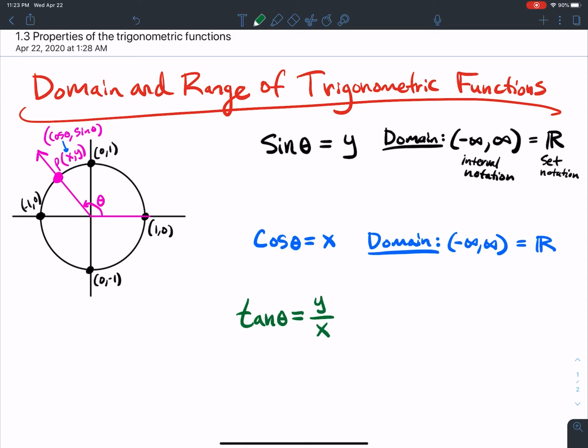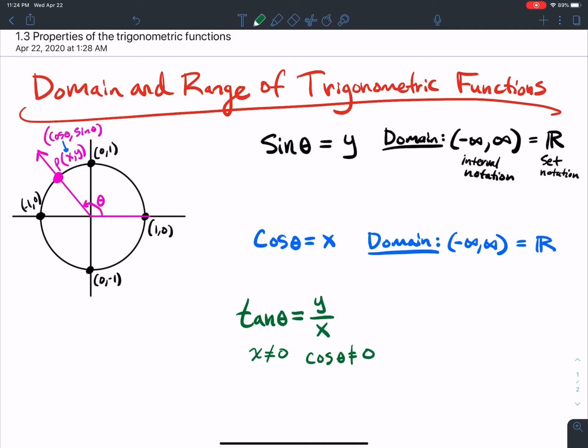Well, that would be where x is equal to 0. That's a bad deal. We've got to get rid of those. When is x equal to 0? That's when cosine theta is equal to 0. So I want to avoid values where cosine theta equals 0.